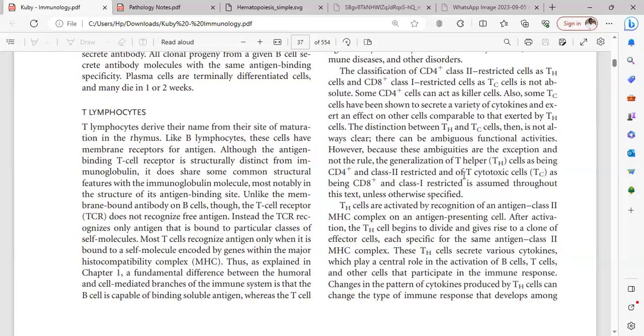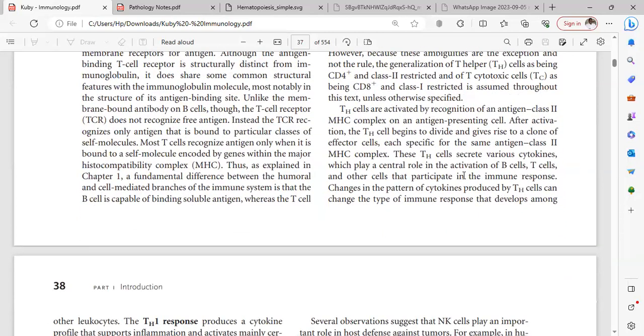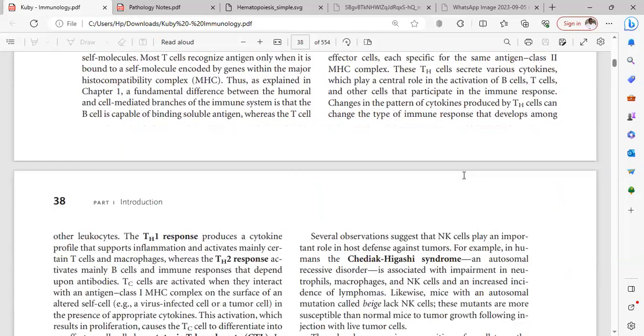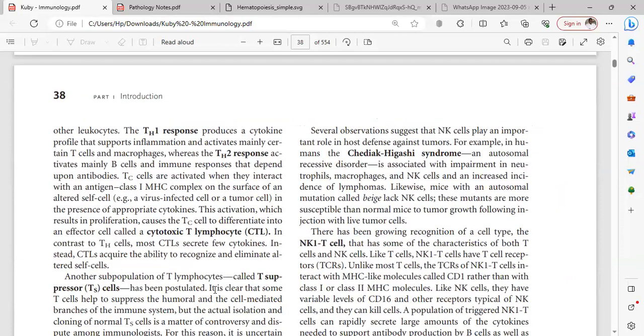And then the suppressor, though the T suppressor does not have a clear or distinct function. As I said, we have T helper and T cytotoxic cell.